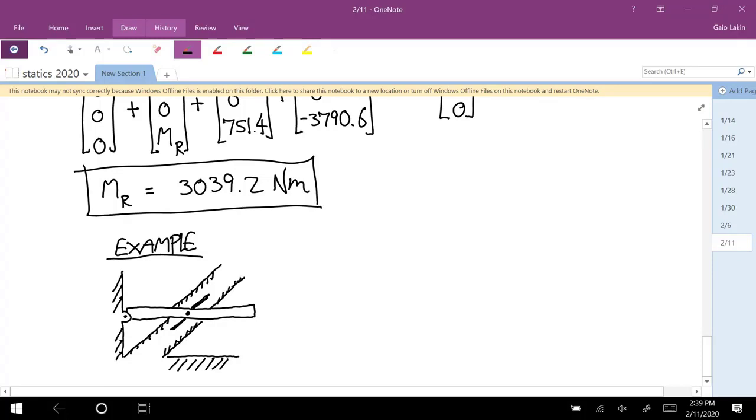Okay, you follow that? And then there's a 1,000 Newton force applied to the end of the beam. And this angle is 45 degrees, and that's also the angle of the slot. What really matters is the slot.